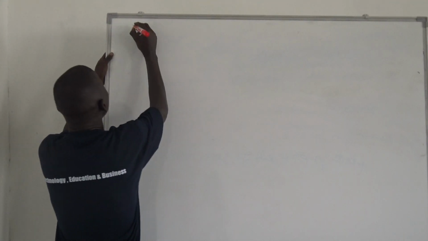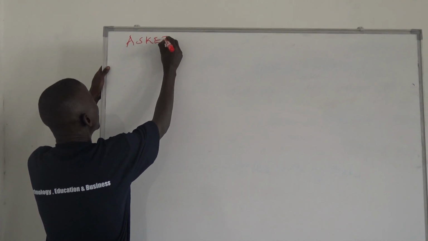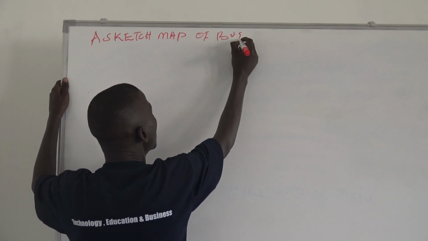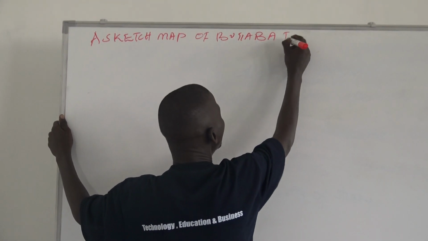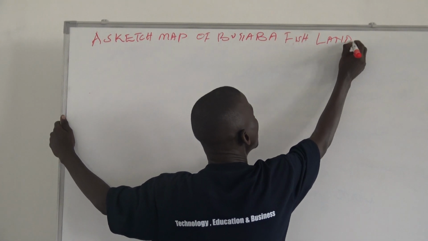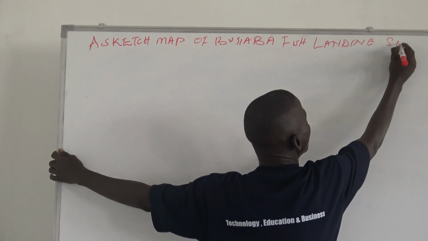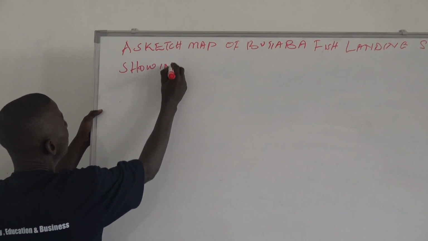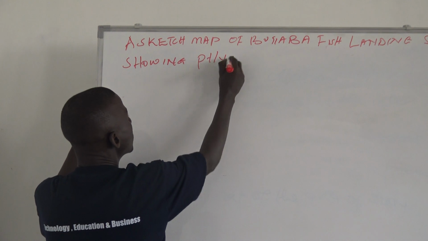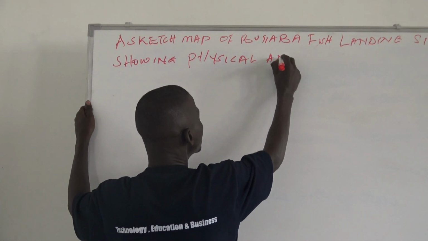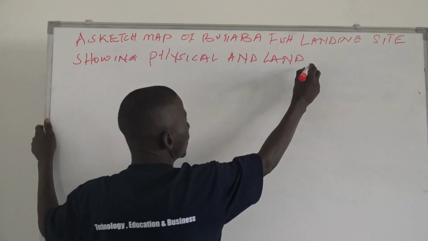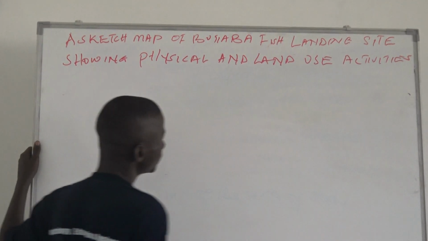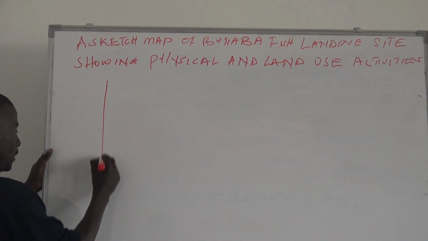The first thing is write a heading: a sketch map of Butiaba Fish Landing site showing physical and land use activities. Then that becomes your heading.